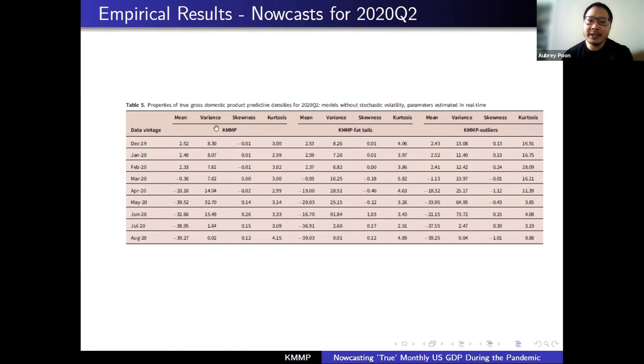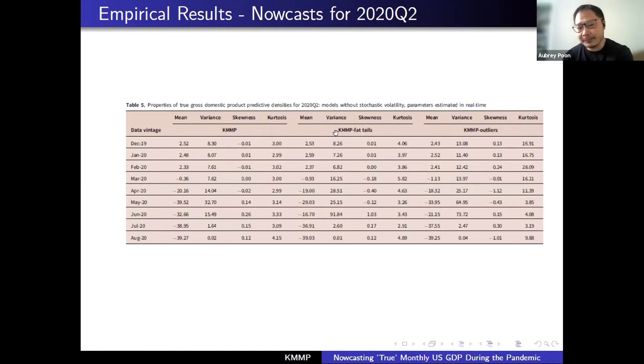For example, this KMP is our original KMP model with just homoscedastic errors, and this December 19 is based on the December 19 vintage. So these are the 4 moments that summarize the predictive nowcast for 2020 Q2 using that data vintage, and so forth.